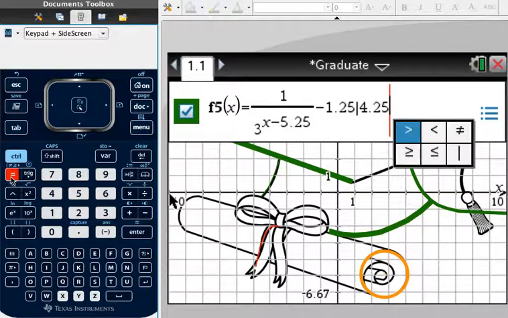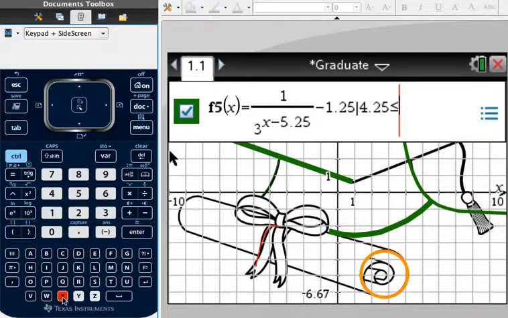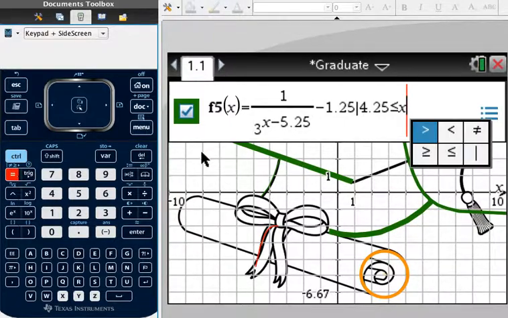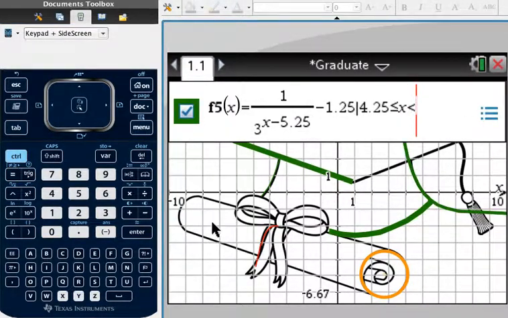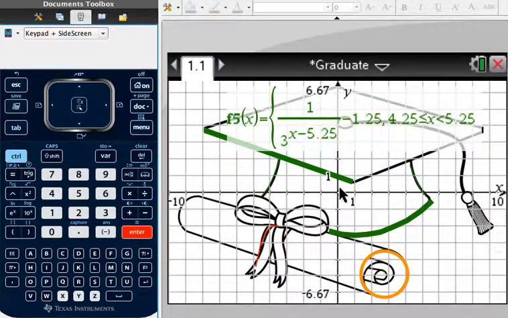And then less than or equal to, or less than symbol, doesn't matter. X less than or equal to 5.25, right? Let's see how that goes. All right, that pretty much does it. Actually, no, it's too short.